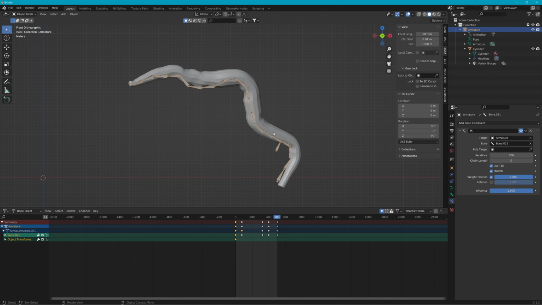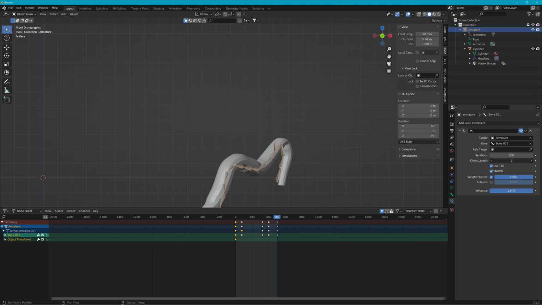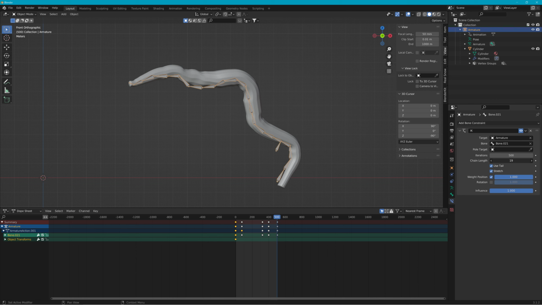Maybe the entire thing needs to be an IK chain for it to work, where the whole thing is chain linked. There's no limit on the chain length. I'm limiting it to just how many bones is it total? 21 bones.